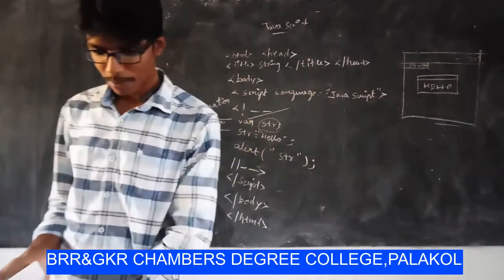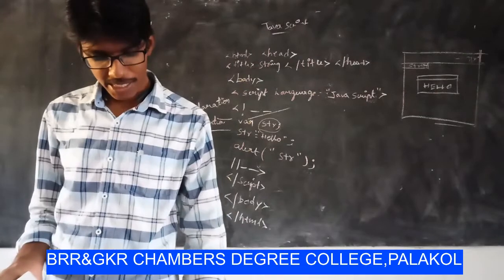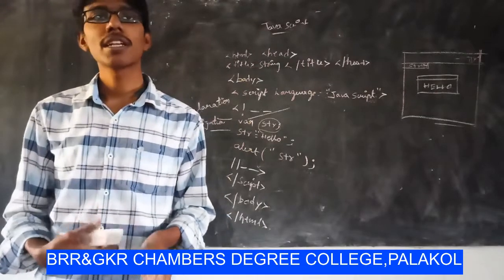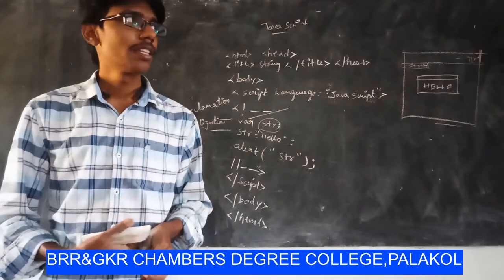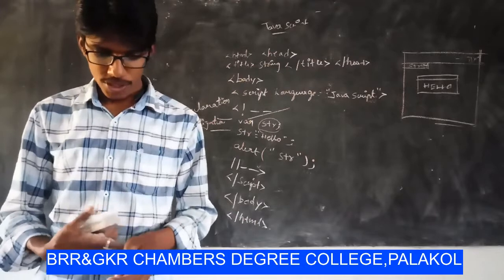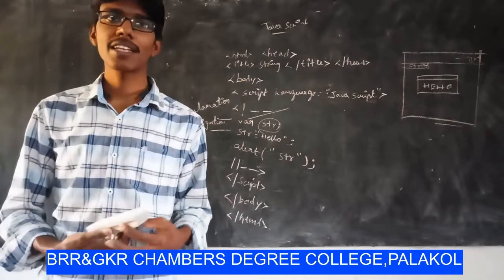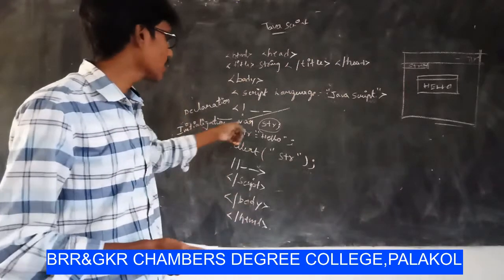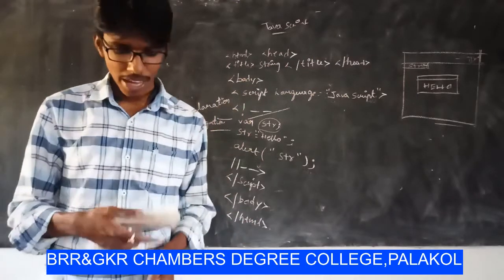This is the concept of declaration and initialization. There are a number of different data types available. They are numeric values, boolean type, null values, undefined, string type, character type, and these can be declared by using only one keyword, that is var.